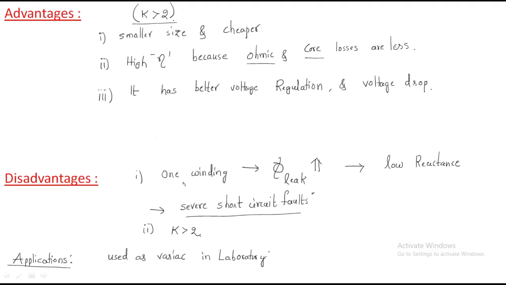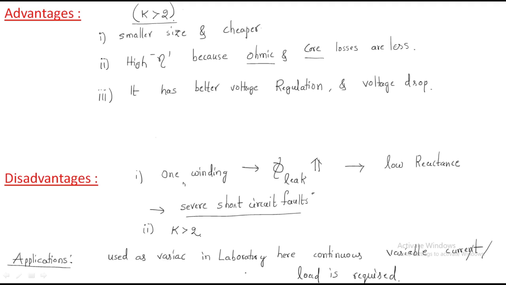What is it useful for? Where a wide range of continuously variable current or load is required. This is the application of our auto transformer.